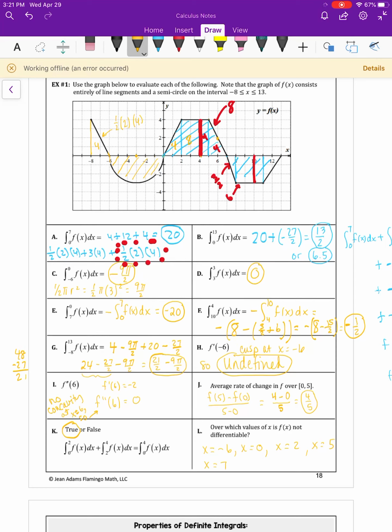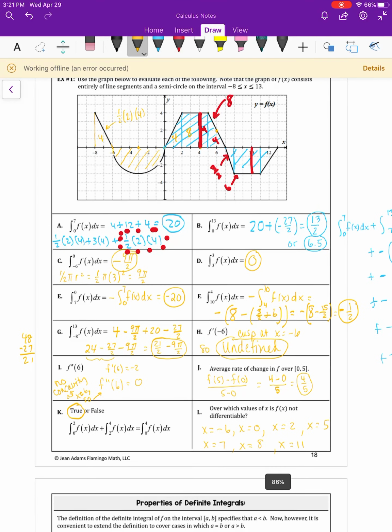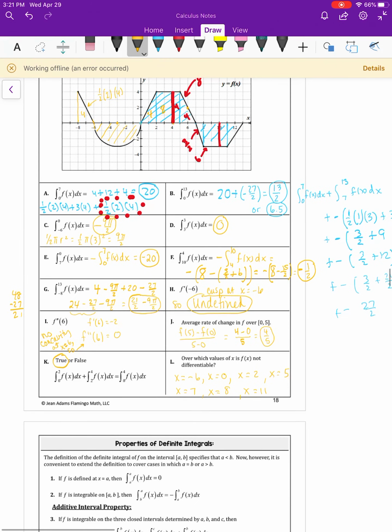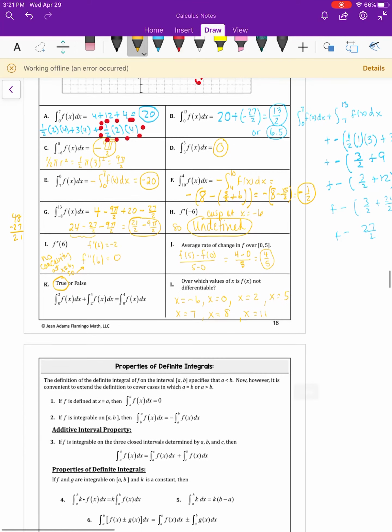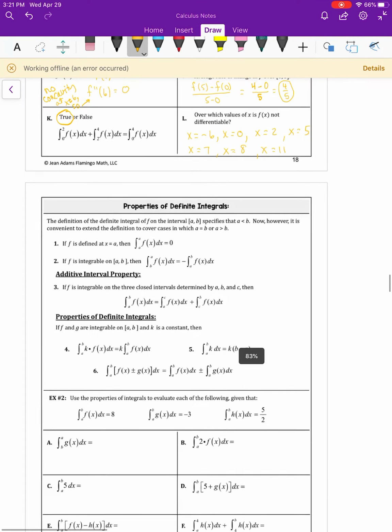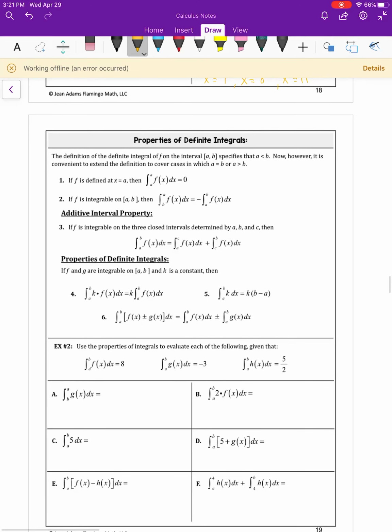At x equals 5, you have a corner. At x equals 7, you have some sort of corner. It goes from one slope to a different slope. At x equals 8, you have a corner. At x equals 11, you have a corner. Okay, so those are all the ones, and we're not going to talk about our endpoints there. We're just going to look at those in between values.